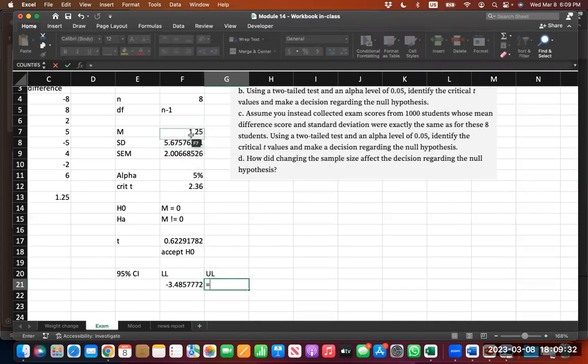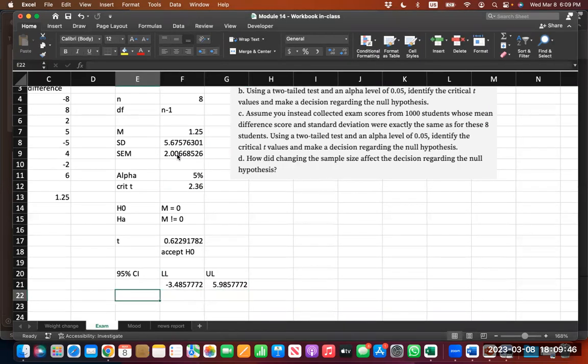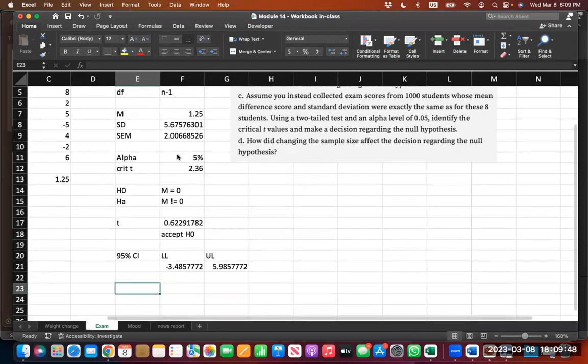Upper limit is now 1.25 plus critical t multiplied by our standard error of the mean, 5.99. So that's our 95% CI.